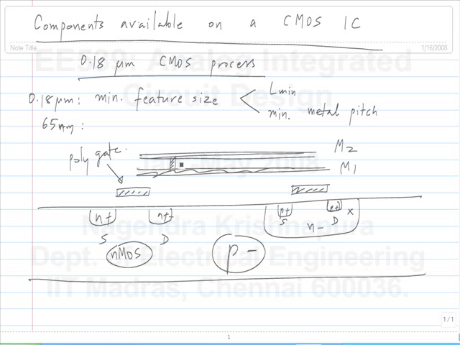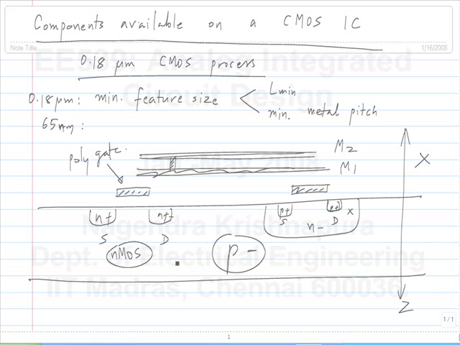So as a circuit designer, you have no control over this dimension, that is into the depth of the wafer. You only have control over what is happening in the plane of the wafer. That is, you can control the sizes of these things in the plane, but not along the z-axis.